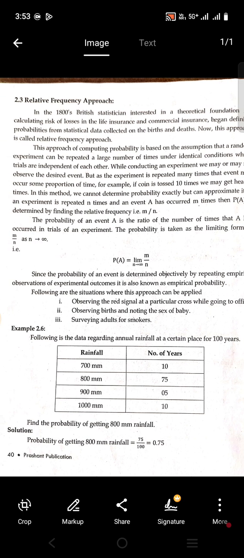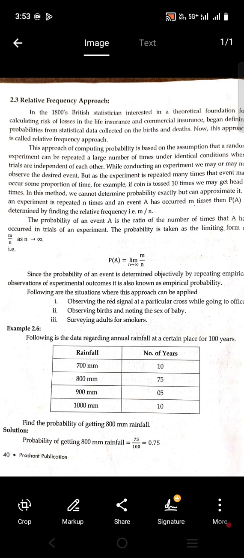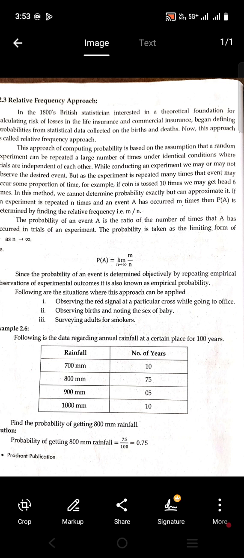If an experiment is repeated n times and event A has occurred m times, then P(A) is determined by finding the relative frequency, that is m by n.